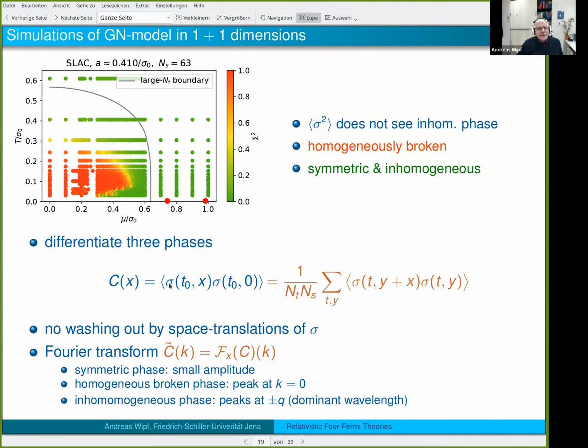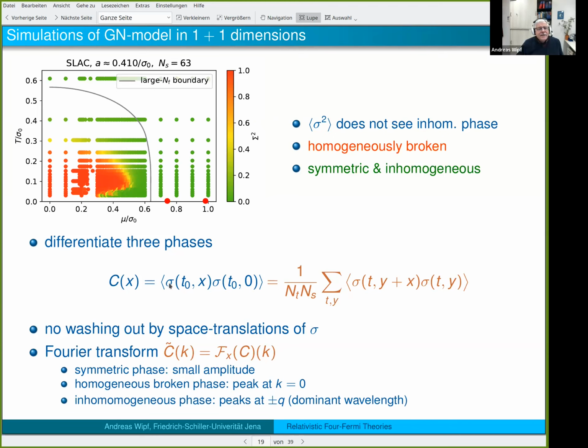So we expect in the Fourier spectrum a distinct peak at k equals 0, meaning a homogeneous broken phase. Now, if you have an inhomogeneous phase, the condensates in the analytic solution almost look like sine, cosine. They are not, but they almost look like harmonic functions. So we expect that there are peaks at momentum which are not equal to 0, right?